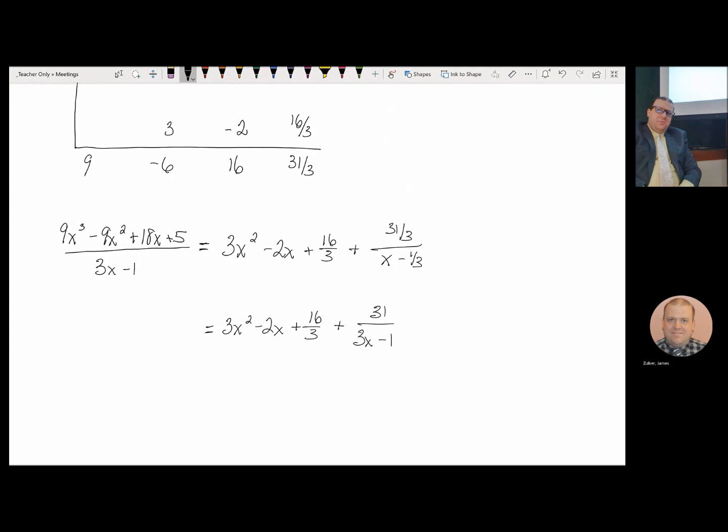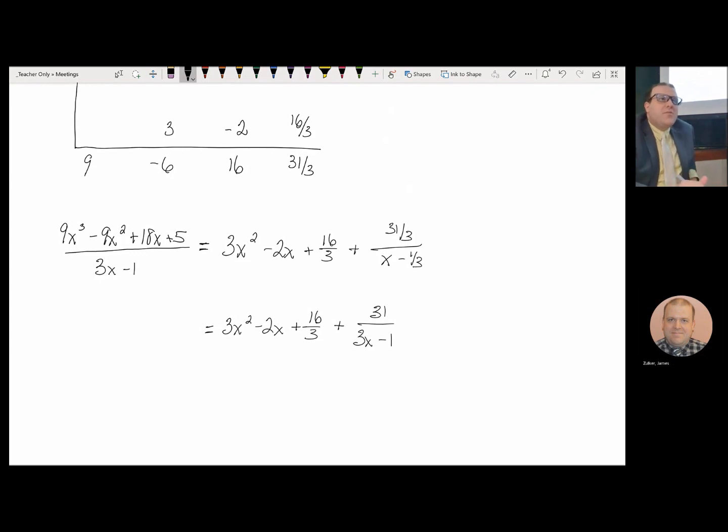I wrote the remainder term originally. It was over x minus a third. Obviously, then I can write that as 31 over 3x minus 1. Why did the 16 get the 3?